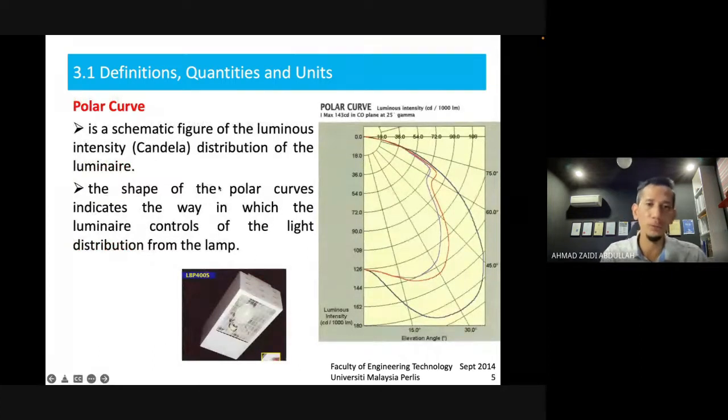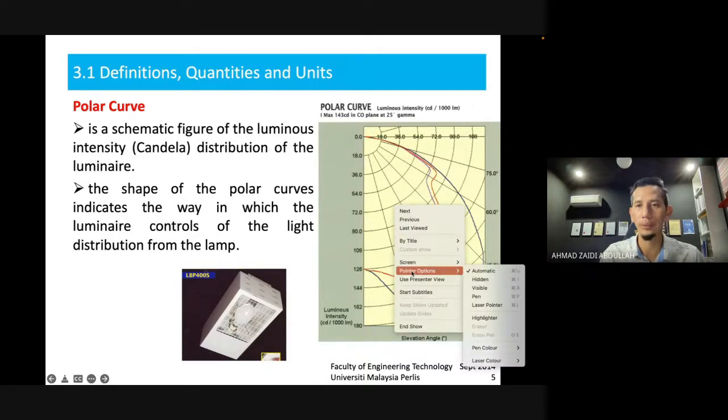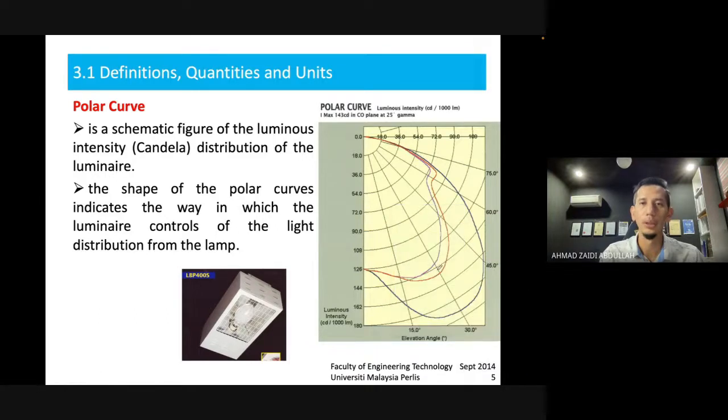Normally every lighting that we design and plan to install in our project should have a polar curve, because from the polar curve, or schematic, you can see from here. You can see this is the polar curve.